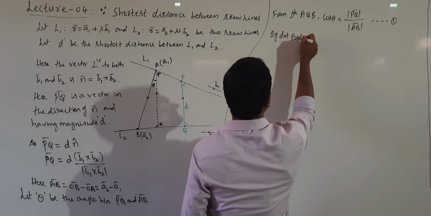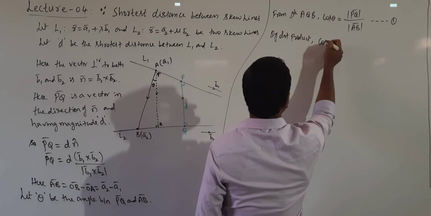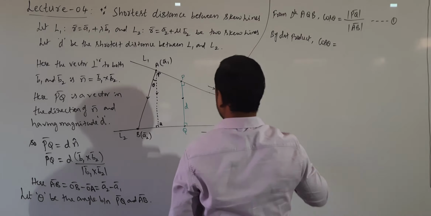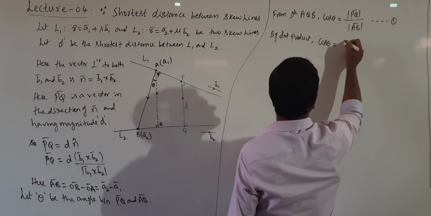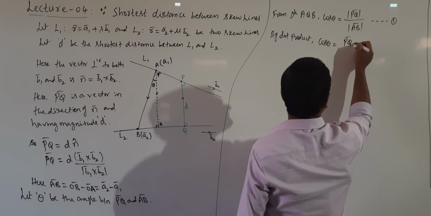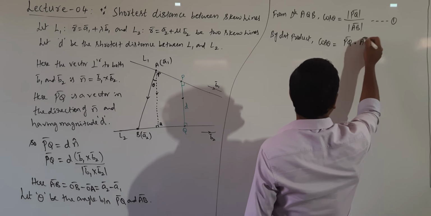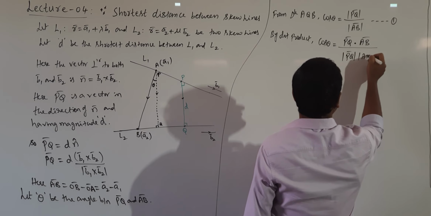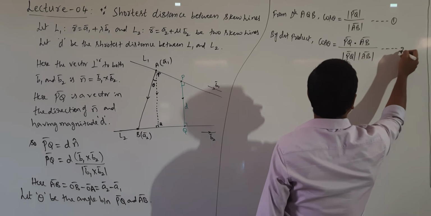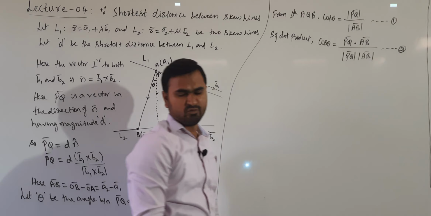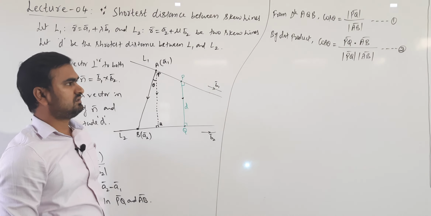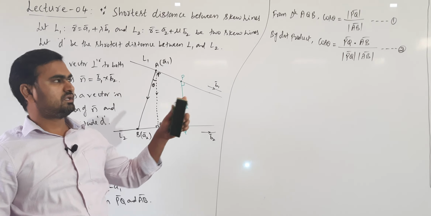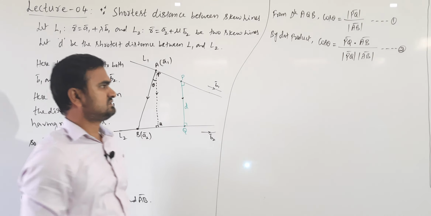By dot product, what is cos theta? I can write the angle between two vectors AB bar and PQ bar. So it is PQ bar dot AB bar divided by magnitude of PQ bar into magnitude of AB bar. Using the dot product, cos theta, the angle between AB bar and PQ bar, is PQ bar dot AB bar divided by their magnitudes.